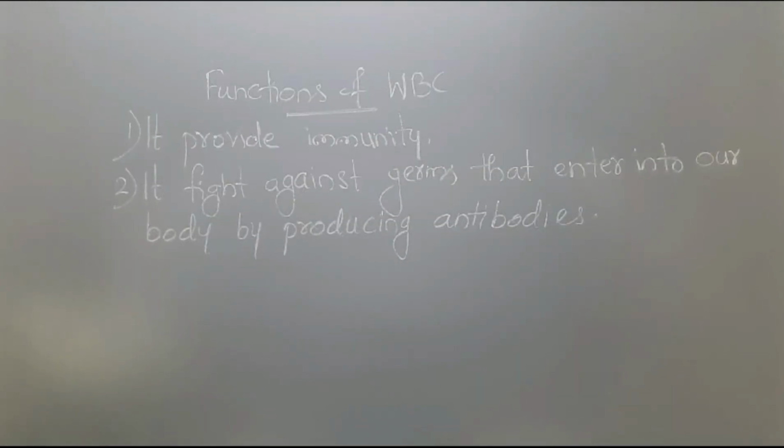Now let's see what the functions of WBC are. WBCs provide immunity to our body. They fight against germs that enter our body by producing antibodies. They are like armies in our body.